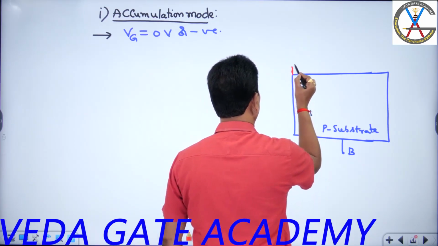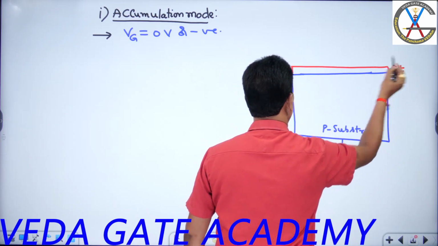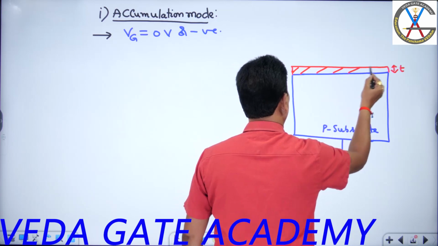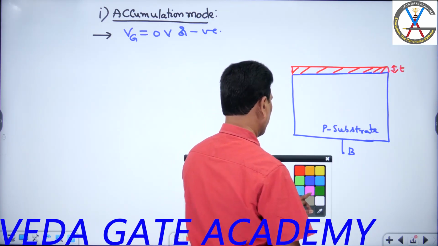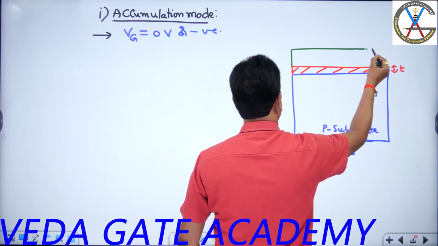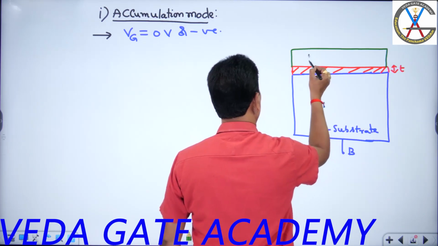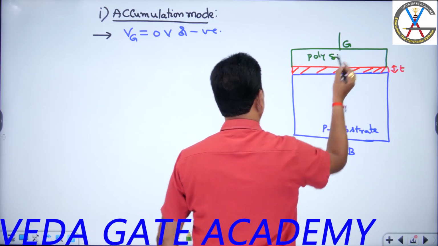This is the oxidation of thickness T. Over that is a polysilicon material, P plus or N plus. This is the gate terminal.